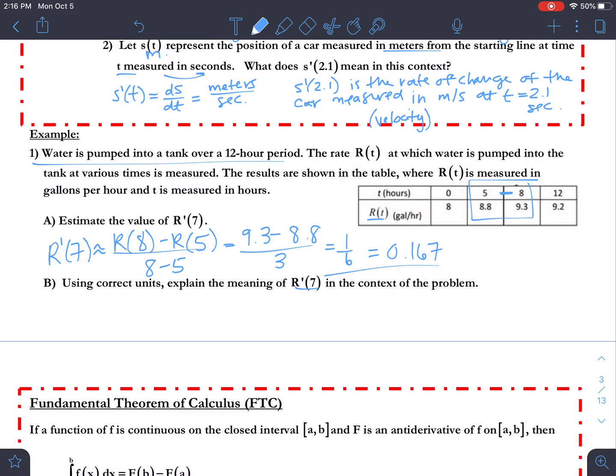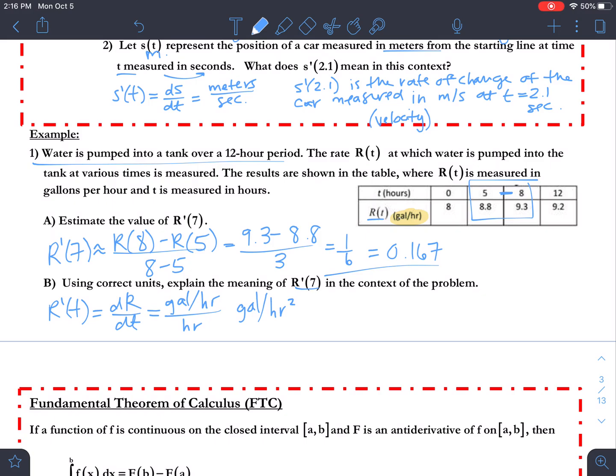So this is a little bit strange, but notice that R of t is already in gallons per hour. So if we find R prime of t in general, aka dr dt, this would be gallons per hour over hour, which is gallons per hour squared. So you might recognize this as kind of like acceleration here, the rate of change of a rate.